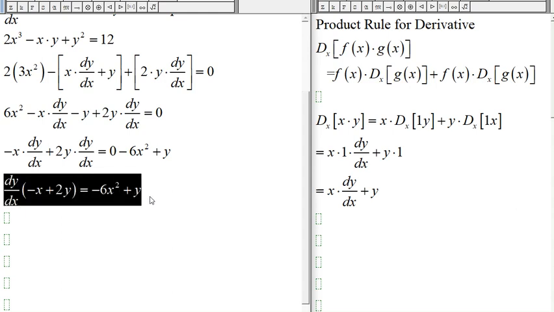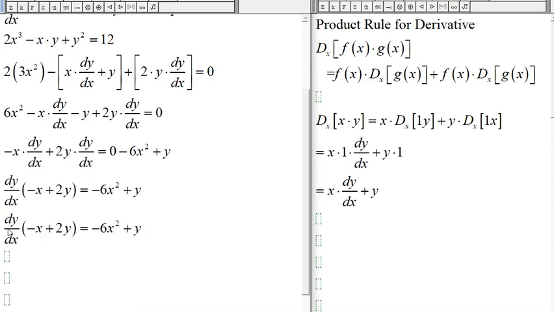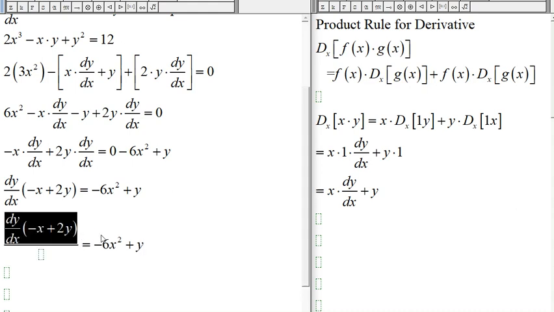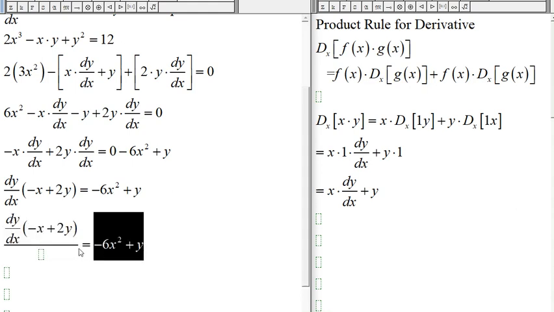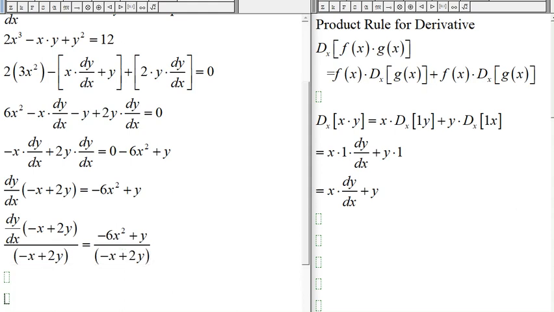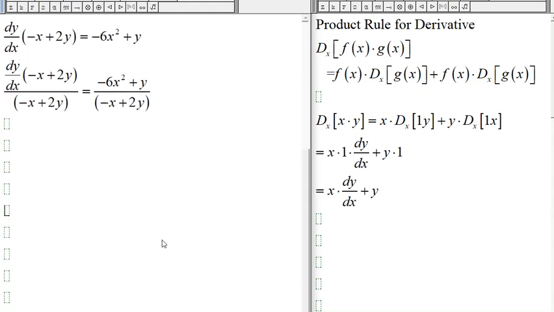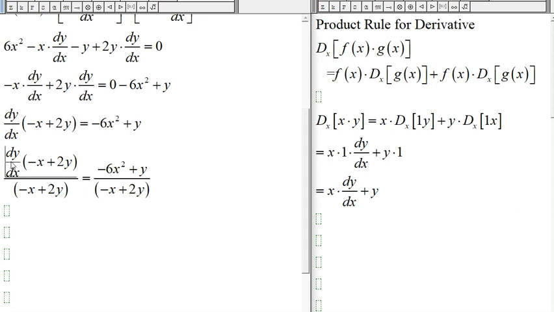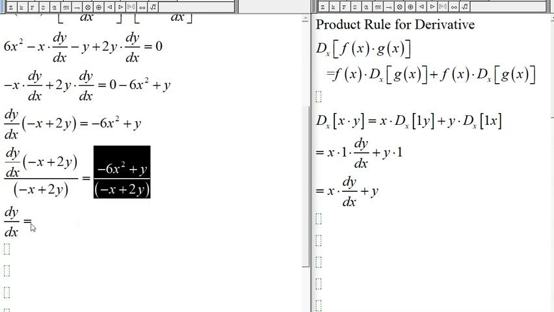Then we divide both sides by negative x plus 2y, and so dy/dx is equal to this.